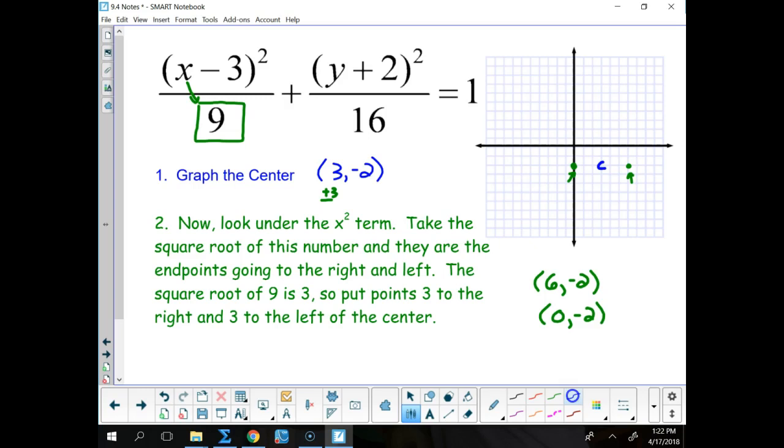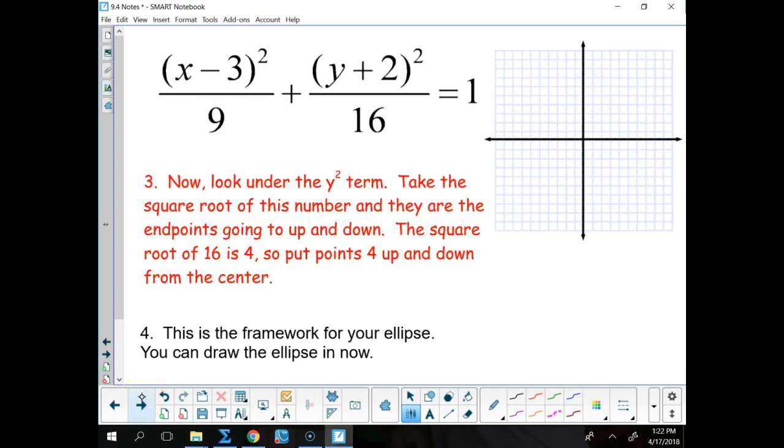So, next, what do you think we're going to look at? We're going to look at the underneath the y. Yep, let me refresh our memories here. Let me go C there, let me go 1, 2, 3 there, 1, 2, 3 there. Okay? So now I'm going to look at the number underneath the y squared. Again, I'm going to square root that value. 16 square rooted is 4. It's plus or minus 4.